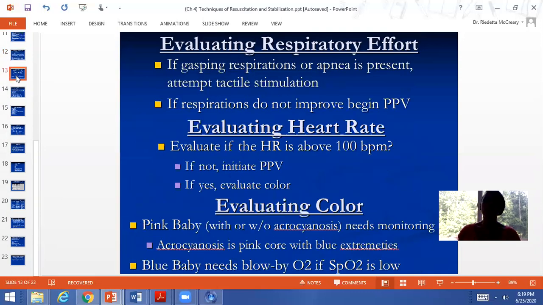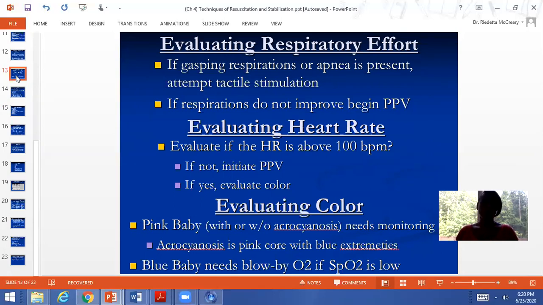All right, so when you're evaluating respiratory effort, if gasping respirations or apnea is present, then you want to provide tactile stimulation by vigorously rubbing them, cleaning them, drying them off. If respirations do not improve, we're going to begin positive pressure ventilation. That first bullet is telling us that this baby is in secondary apnea. We tried to stimulate them with tactile stimulation, and the baby did not attempt to ventilate at all.